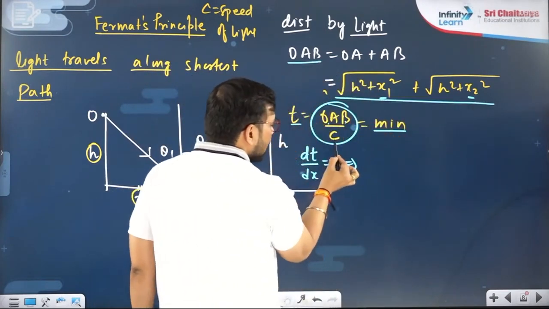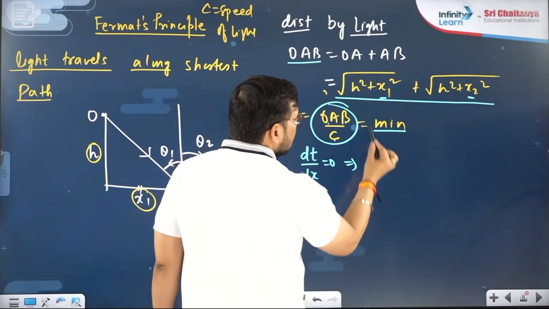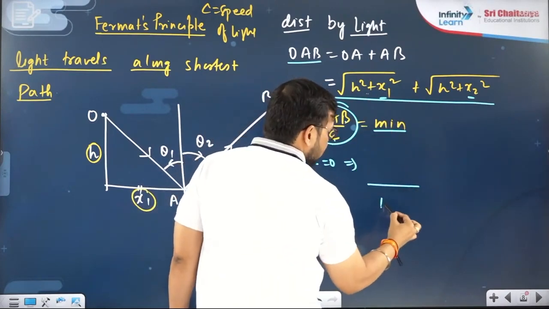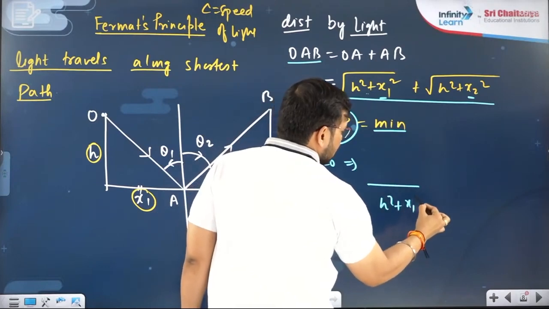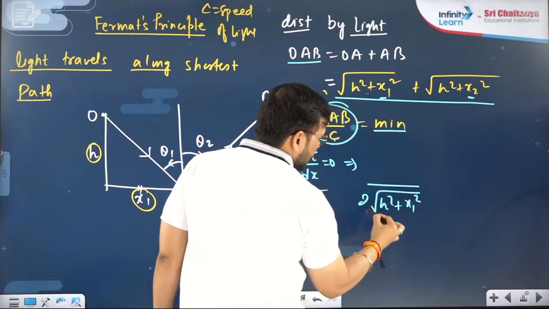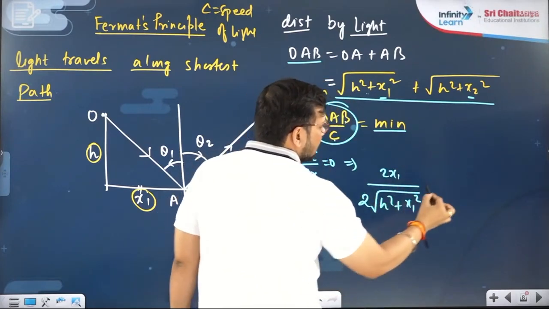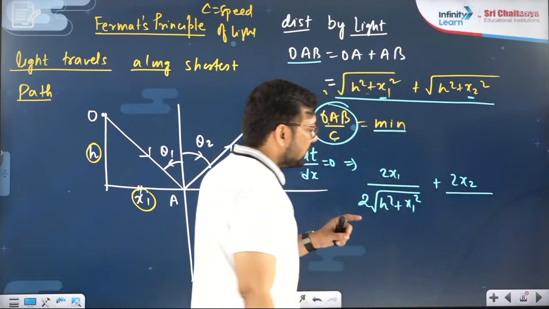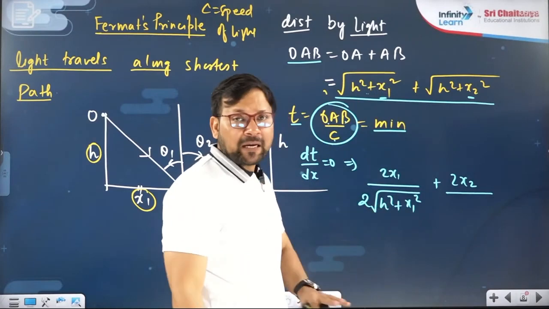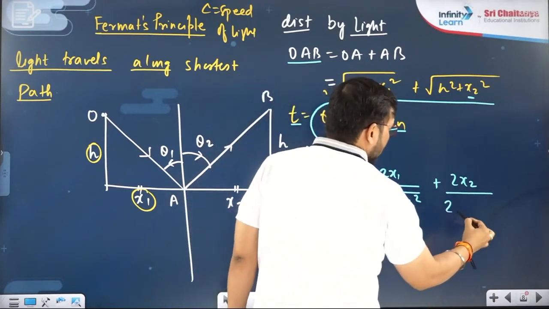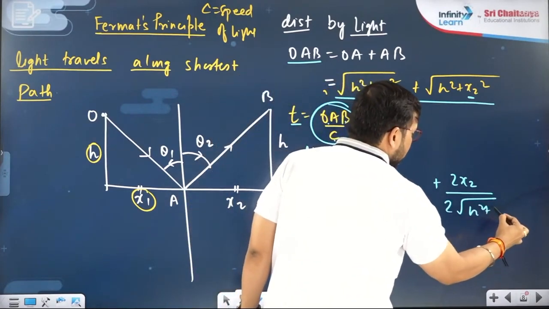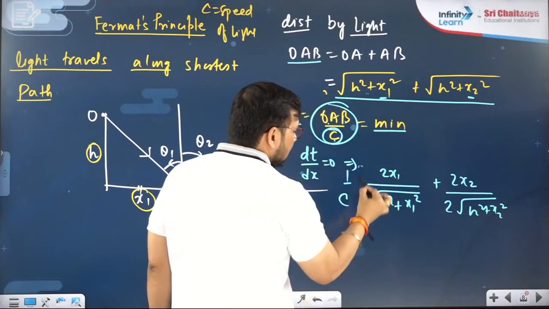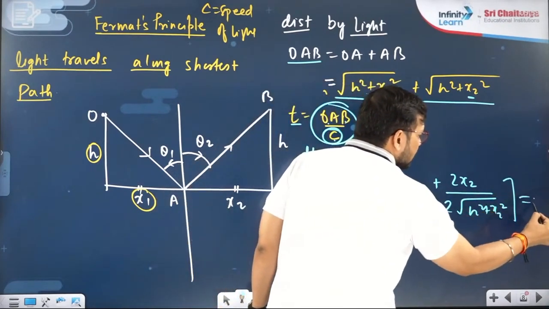So c is a constant. If I write the differentiation of this, how much will it be? It will be under root h square plus x1 square, here 2x1. Similarly, I will write 2x2 for the other. I am relying on your differentiation knowledge for this; that is pure maths, not physics. 2 under root h square plus x2 square, and c was also there, and this derivative has to be equal to 0.